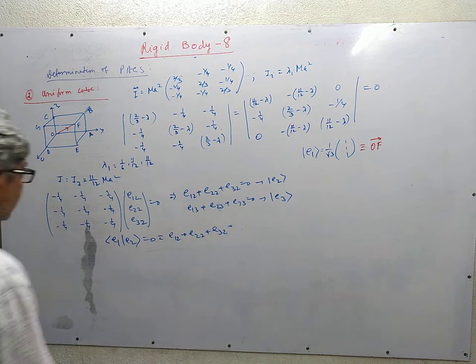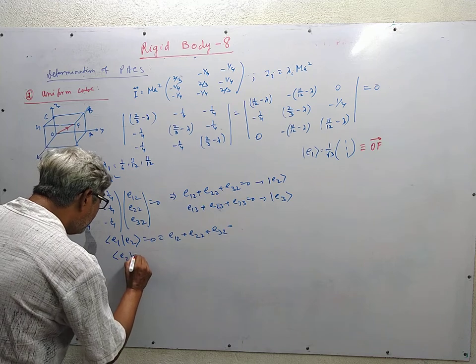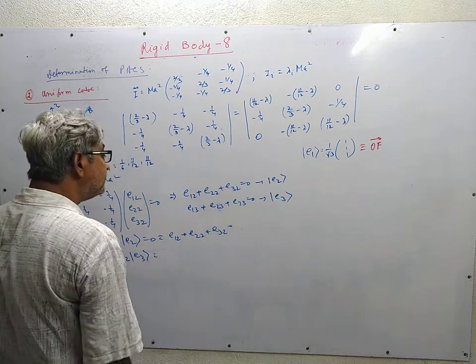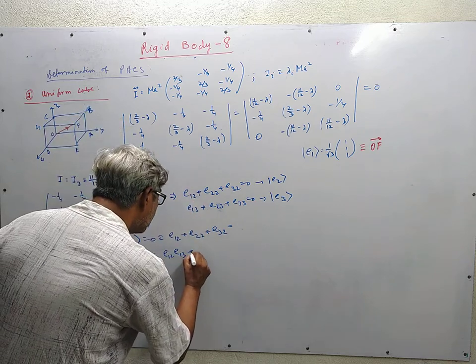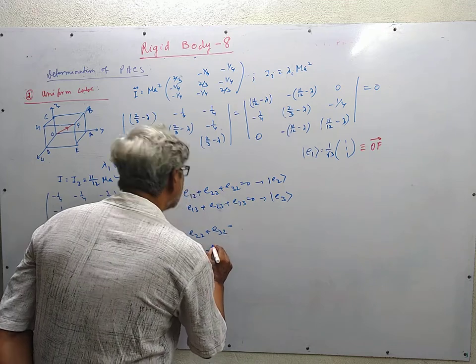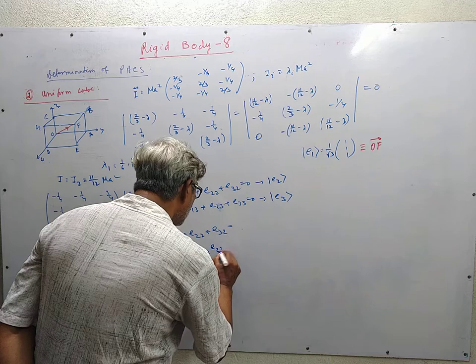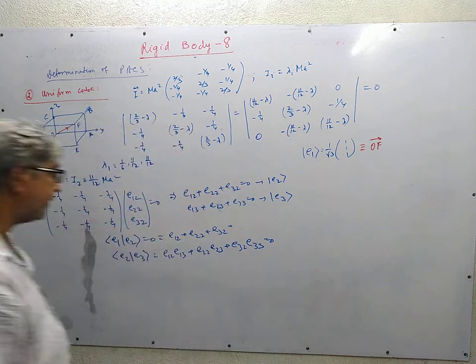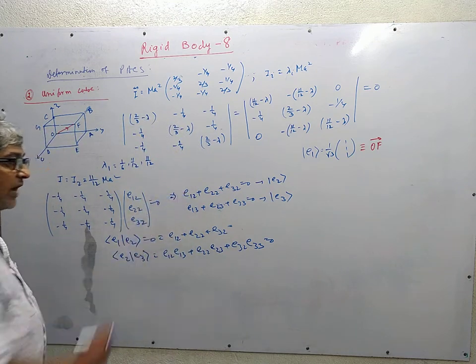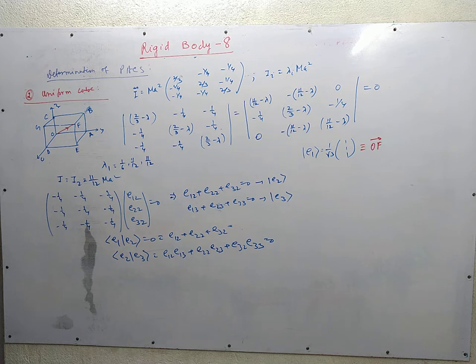The only thing that we get is if we write E2 dot E3, this gives E12 E13 plus E22 E23 plus E32 E33 is equal to 0. This is another condition. So we have only 2 conditions at our hand, and we need to know 6 quantities. So we are at liberty to choose 4 at our will and determine the rest.